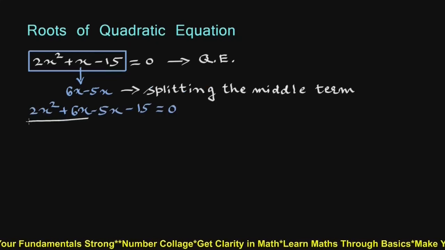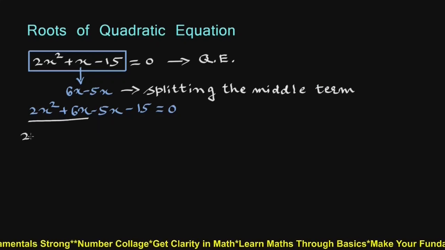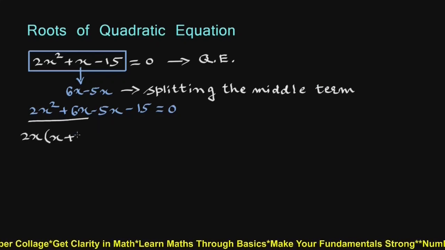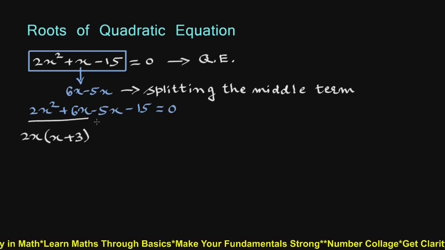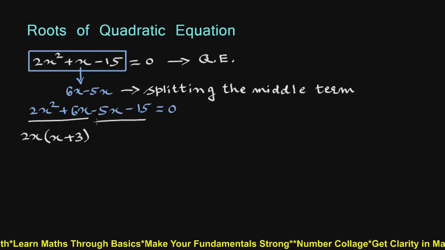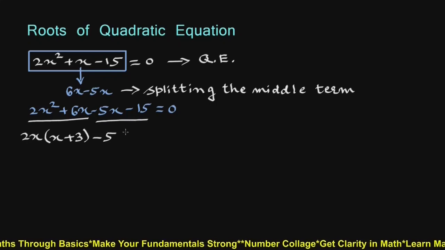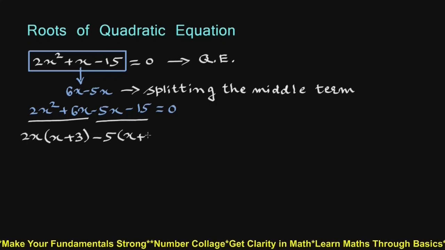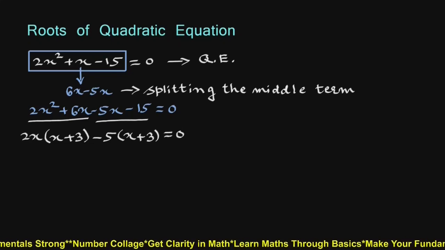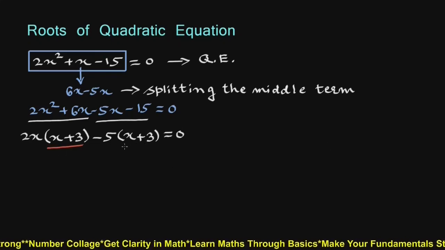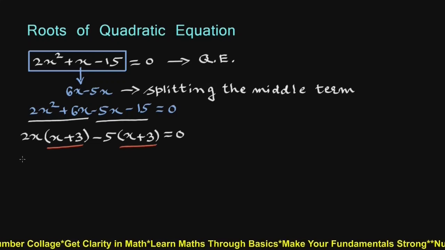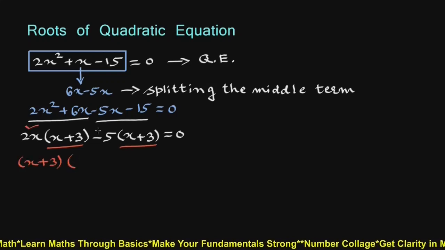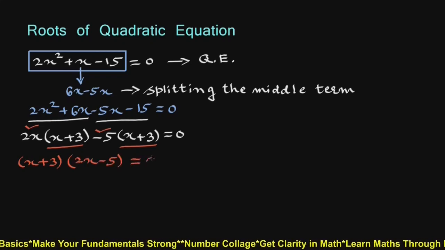In the group of first two terms, we write 2x as common factor multiplied by (x + 3), and in the group of third and fourth terms, we write −5 as the common factor into (x + 3) equals 0. Here we have (x + 3) as a common factor, so we write (x + 3)(2x − 5) = 0.